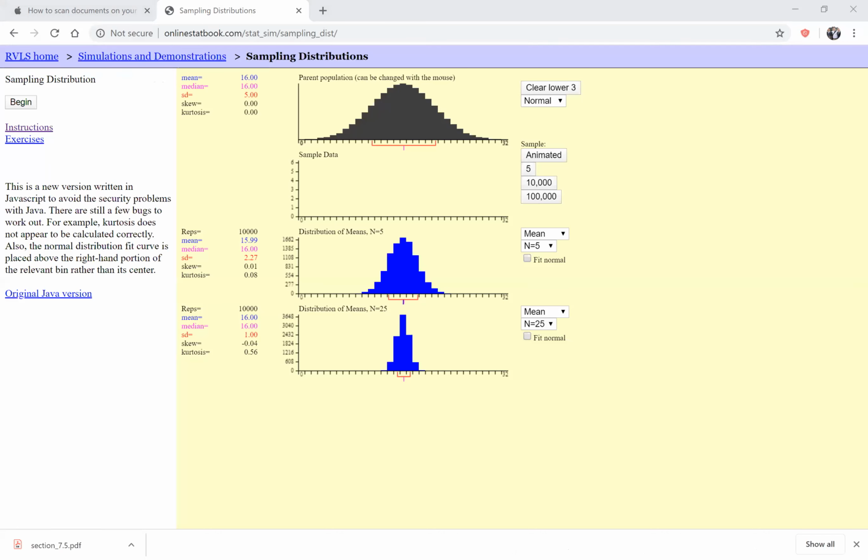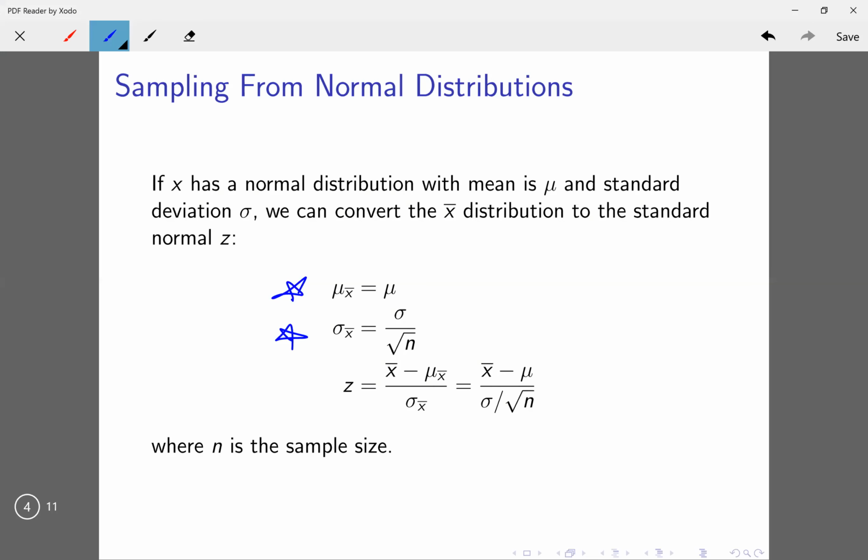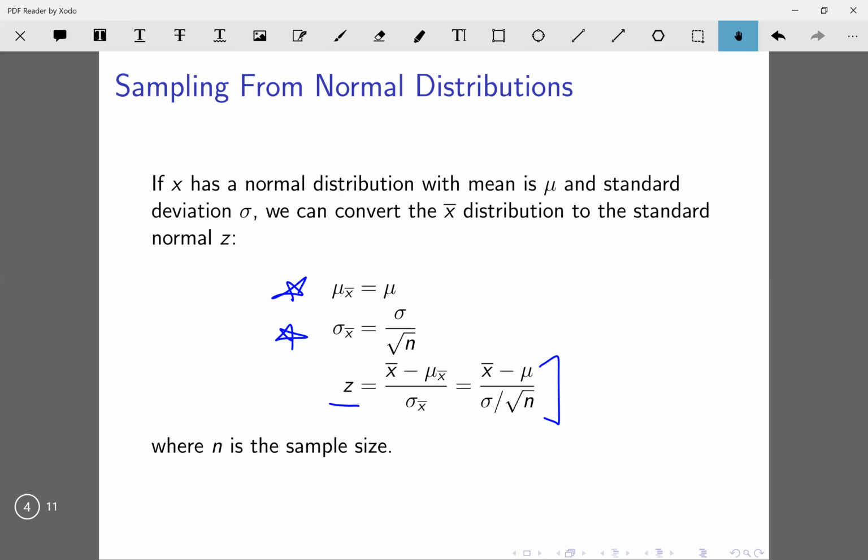All right, so let's go back to that slide. What this means is z, which is the standard normal variable, has a new formula because we have to divide the standard deviation by the square root of the sample size. And so this is going to factor in as we compute some new probabilities.